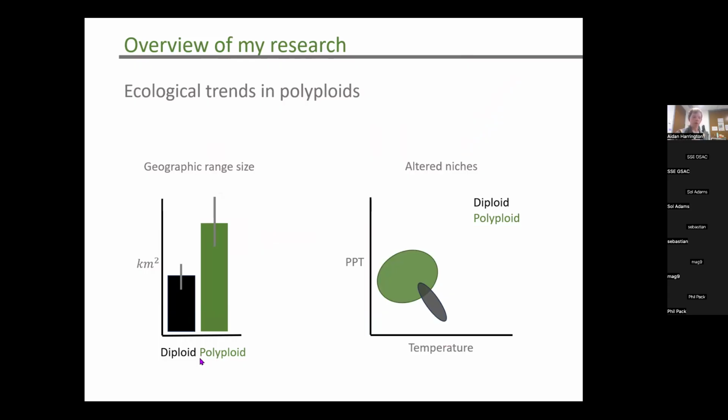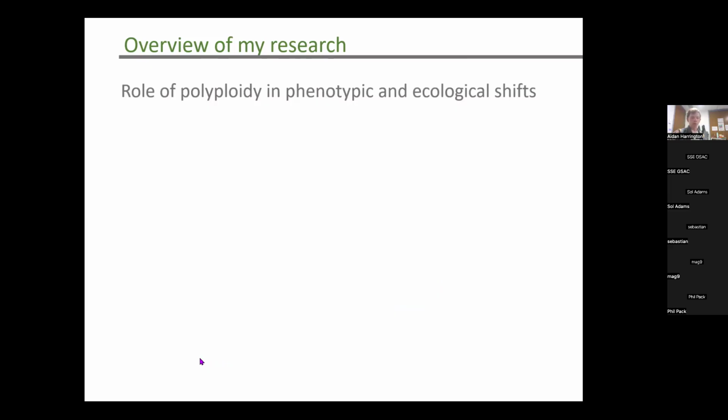Those two trends are geographic range size and niche shifts, with polyploids often thought to have larger geographic ranges and different, sometimes larger, abiotic ecological niches. We want to understand the role of polyploidy in these shifts, or if these shifts are even taking place. But the role of polyploidy in these phenotypic and ecological shifts is actually tricky to figure out.